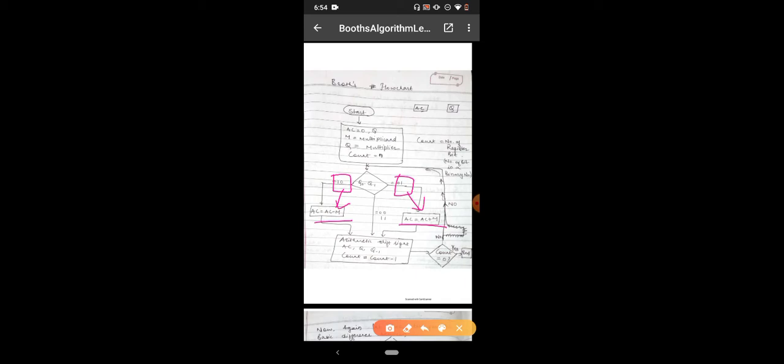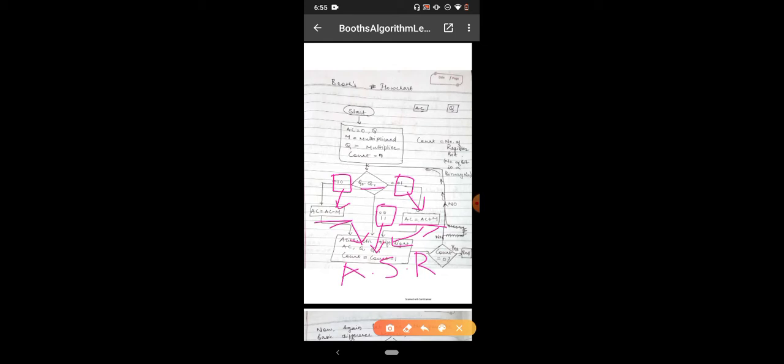And after doing this addition or subtraction, we always do arithmetic shift right. Dear students, don't forget, we always do arithmetic shift right. And if the value of q0 and q minus 1 turns out to be 0 0 or 1 1, then we just do arithmetic shift right.